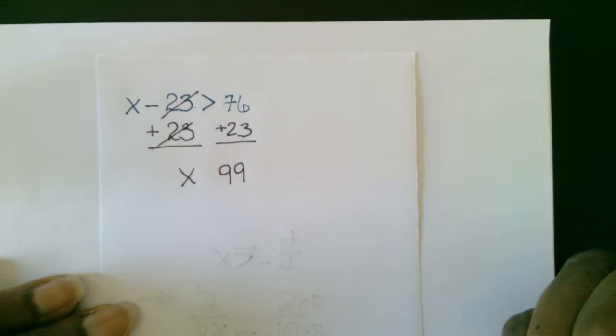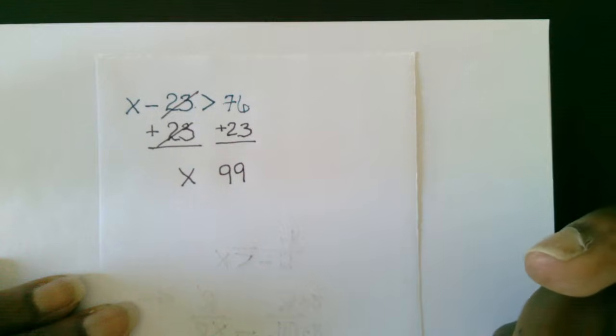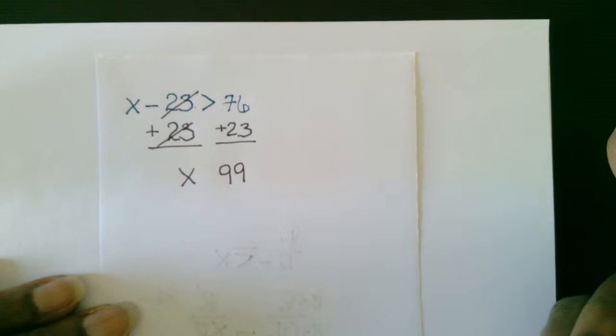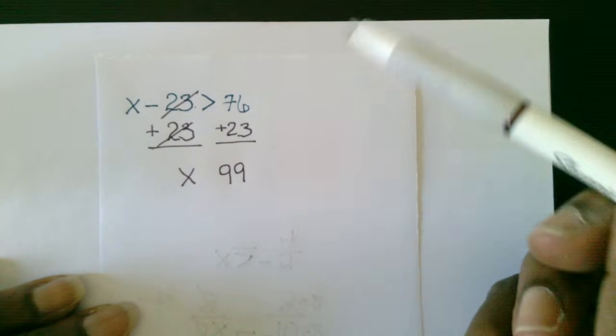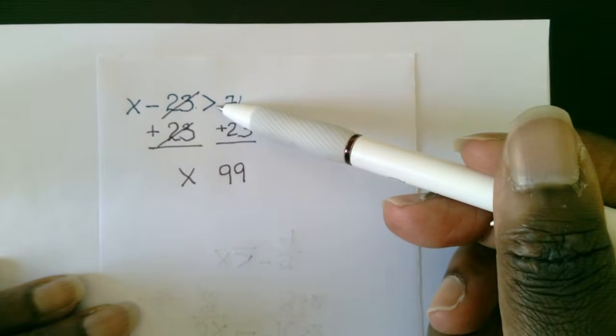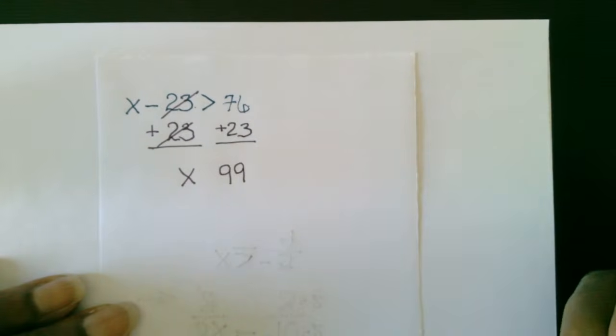You can write Y for yes or N for no. Put that into the chat. Do we change the direction of the inequality sign? Okay.